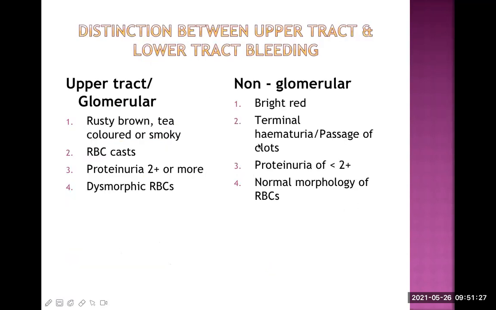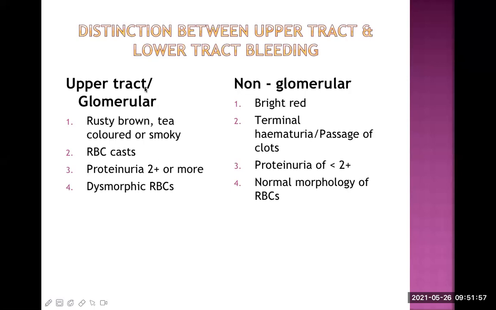Let's move on. Now, one important slide here: how to distinguish whether that hematuria is from the upper urinary tract or lower urinary tract. Upper urinary tract actually means kidneys and ureter, but in this case, upper tract only means glomerular bleeding. Don't get confused.